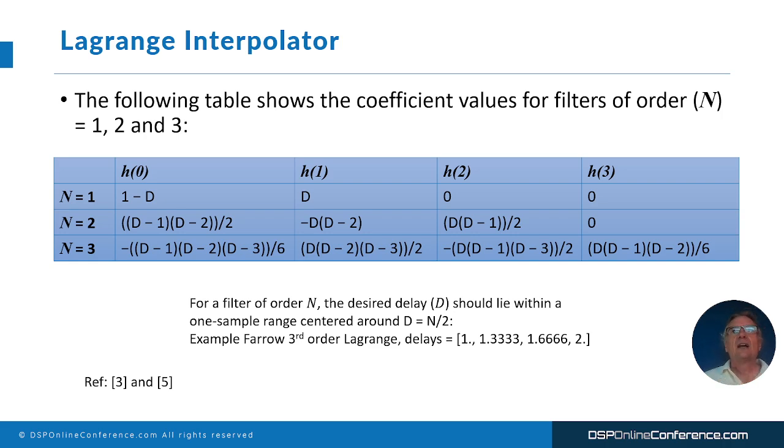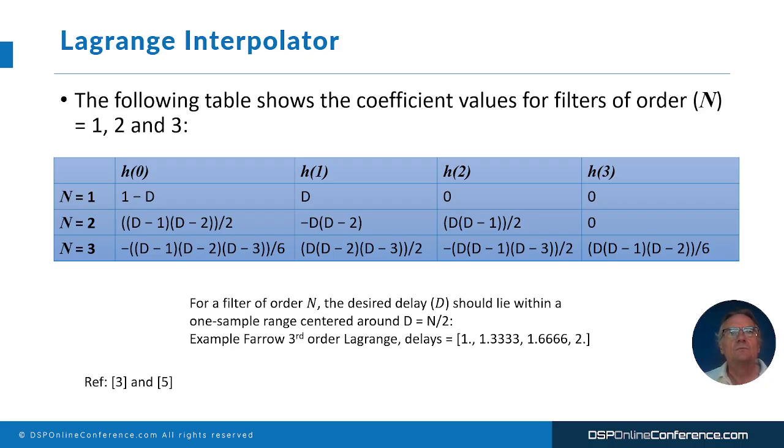Okay, so Lagrange. This is a table you'll find in many of the documents, where typically for Lagrange, these documents use D for the desired delay as opposed to mu, which I've been using so far in these slides.